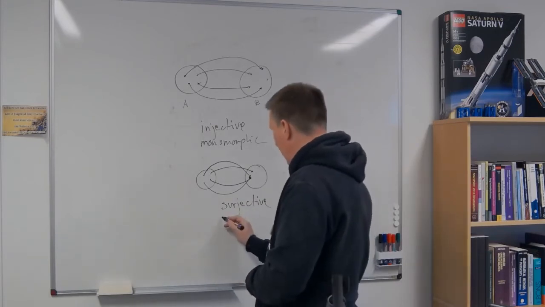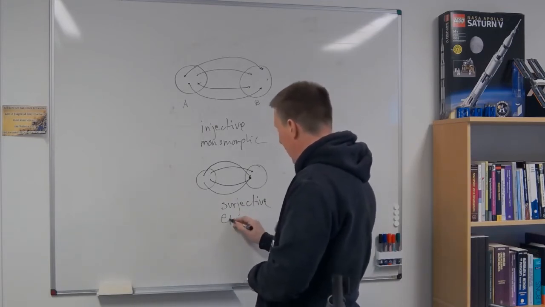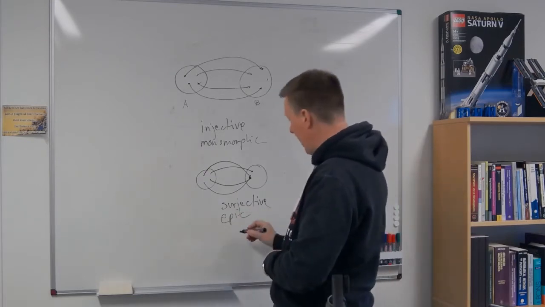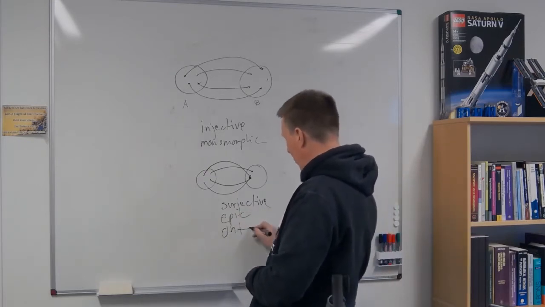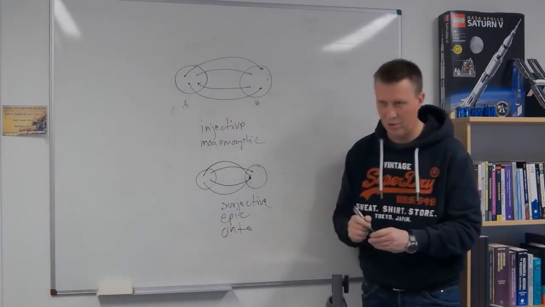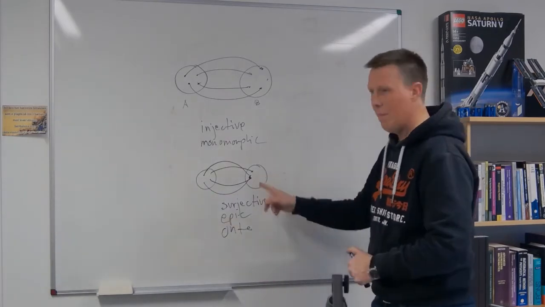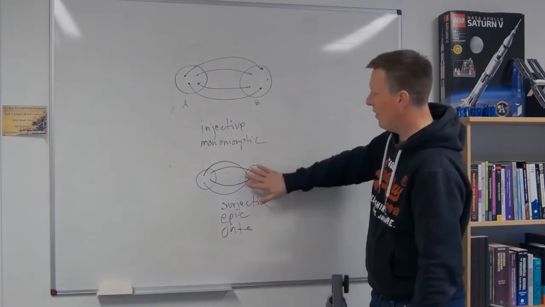Or if you speak Greek, epic. Or if you speak English, onto. All of these terms are used. This function is onto B, which means that it's just covering everything.